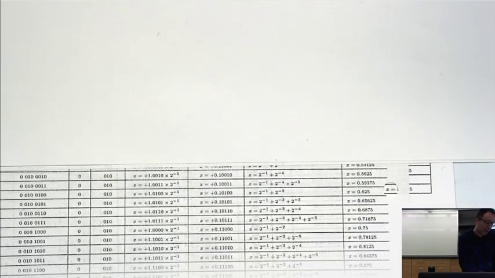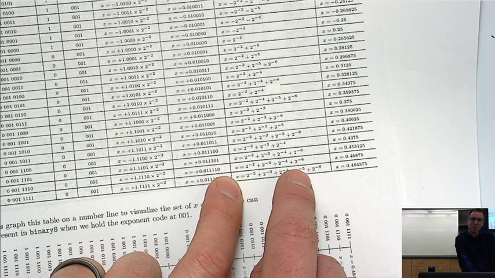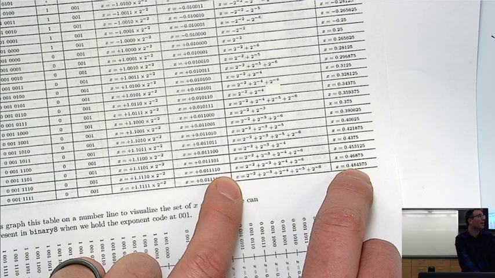Another way to say that is it's the sum of 1/4 plus 1/8 plus 1/16 plus 1/32 plus 1/64, right? That number right there is definitely 0.5 minus 1/64.